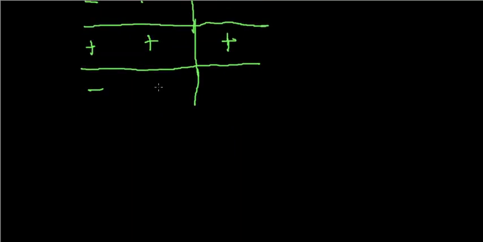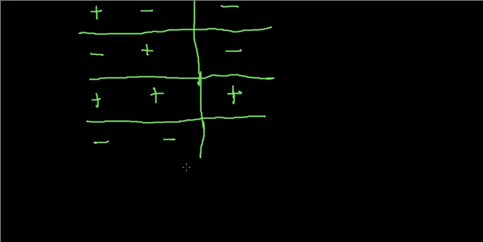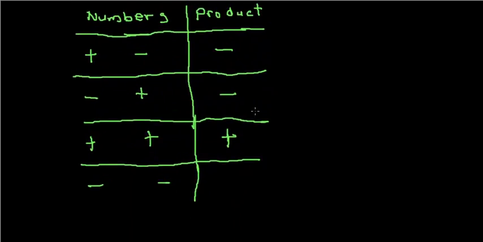If both numbers are negative, what will be the sign of the product? Keep in mind, these are the signs. So 2 times 3 is positive 6. Negative 2 times 3 is negative 6. 2 times negative 3 is negative 6. But what happens when there's negative 2 and negative 3?